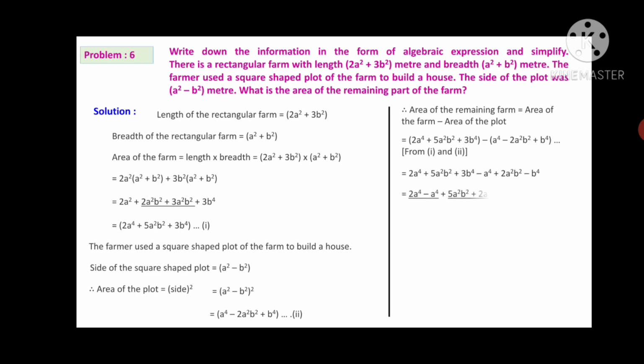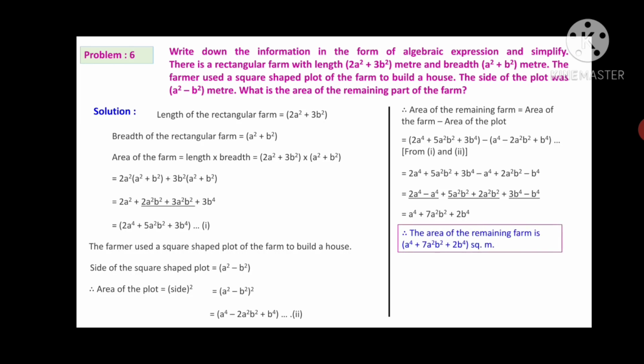Similar terms brought together, that will be 2a fourth minus a fourth plus 5a square b square plus 2a square b square plus 3b fourth minus b fourth. So after subtraction we will get a fourth plus 7a square b square plus 2b fourth. Therefore, the area of the remaining farm is a fourth plus 7a square b square plus 2b fourth square meter.